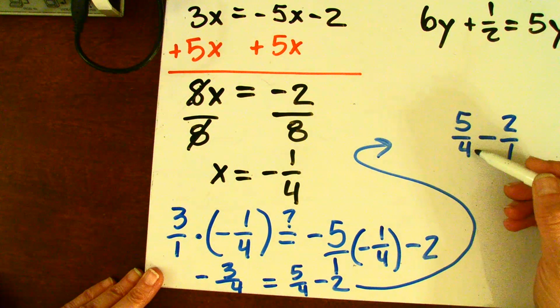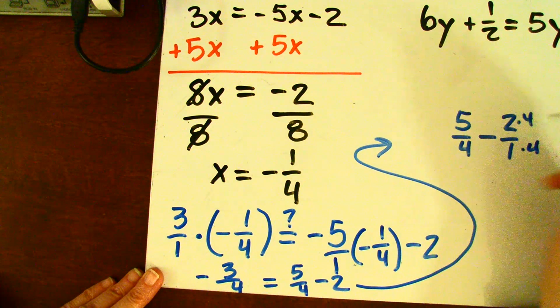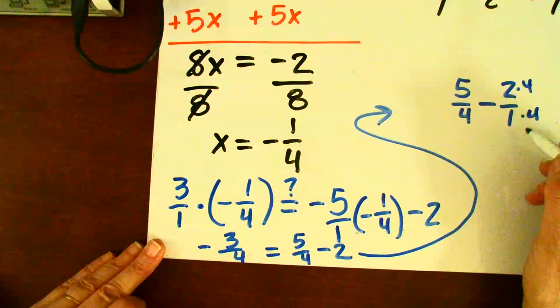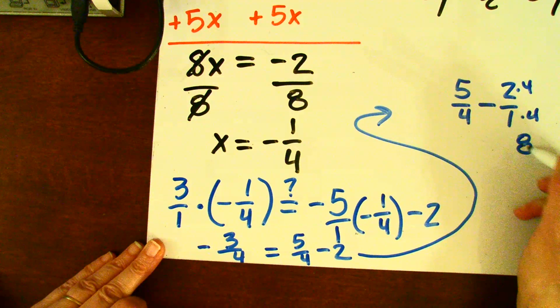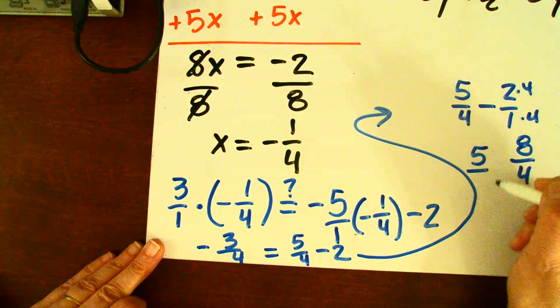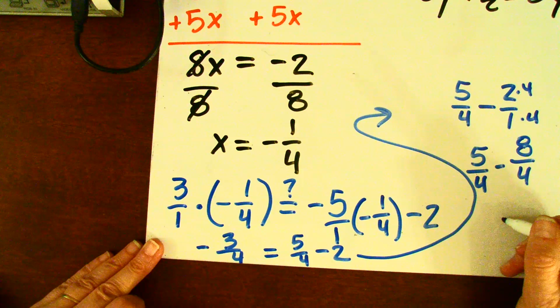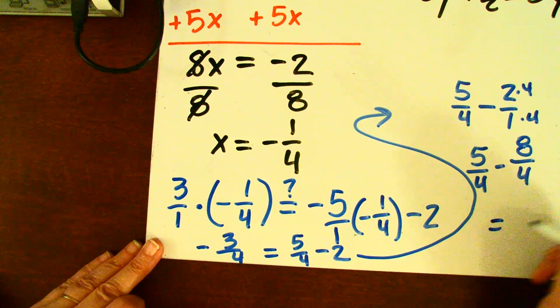And since I'm working with fourths, if I multiply both terms by 4, I can convert this to 8/4. So 5/4 minus 8/4 is going to give me a negative 3/4.